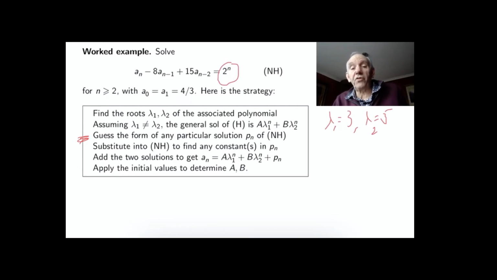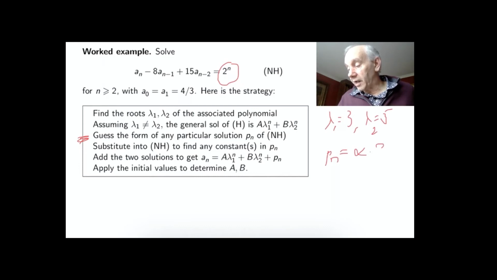That's not a solution of the homogeneous equation. So actually we can guess that P_n, we should be able to take some other constant, and call it alpha, times 2 to the power n. In fact, we will be able to solve the non-homogeneous equation. We will be able to find a particular solution which has this form. And I'll do that in a moment.